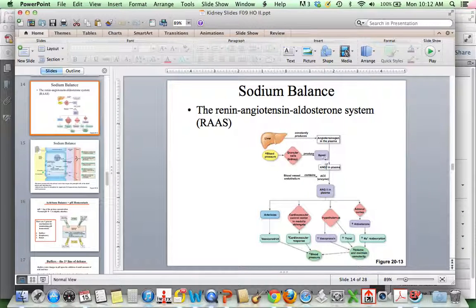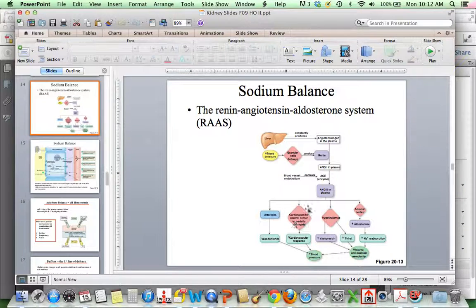Renin's released here, and then converts angiotensinogen into angiotensin 1, and that in turn, angiotensin 1 turns into angiotensin 2 when it's presented with ACE, this angiotensin converting enzyme. That in turn then causes vasoconstriction of the arterioles, and that elevates our blood pressure. Great. So that's our TPR.